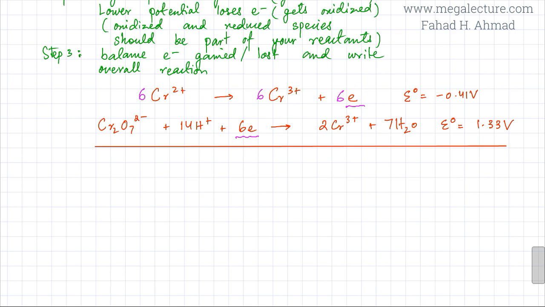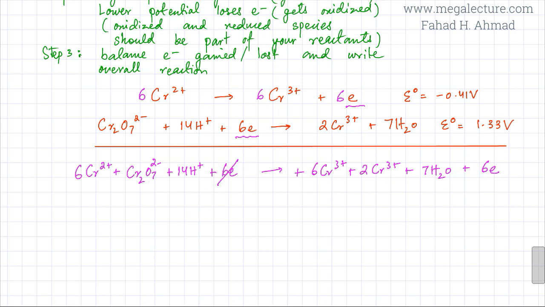Now the last step is I need to add the two equations up, the reactants and the products. If I do that, it's 6 Cr2+ ions plus dichromate Cr2O7 2- ions plus 14H+ ions plus 6 electrons. And in my products I have 6 Cr3+ plus 2 Cr3+ plus 7 H2O plus 6 electrons.